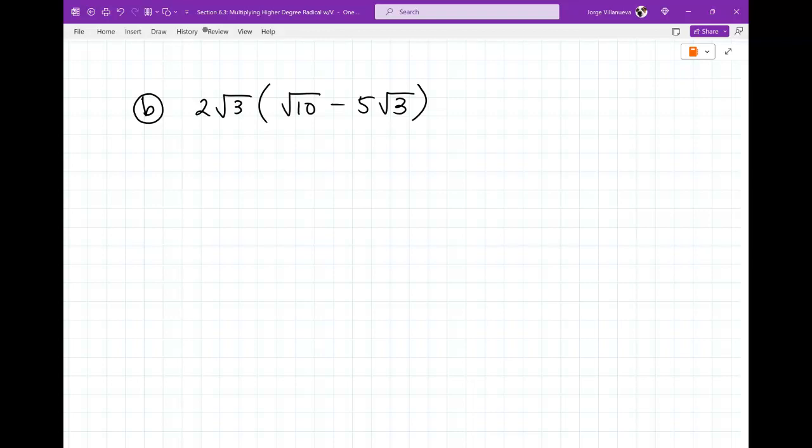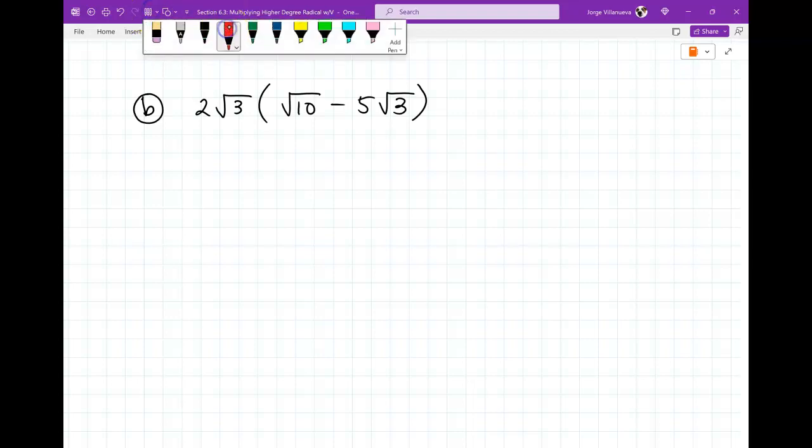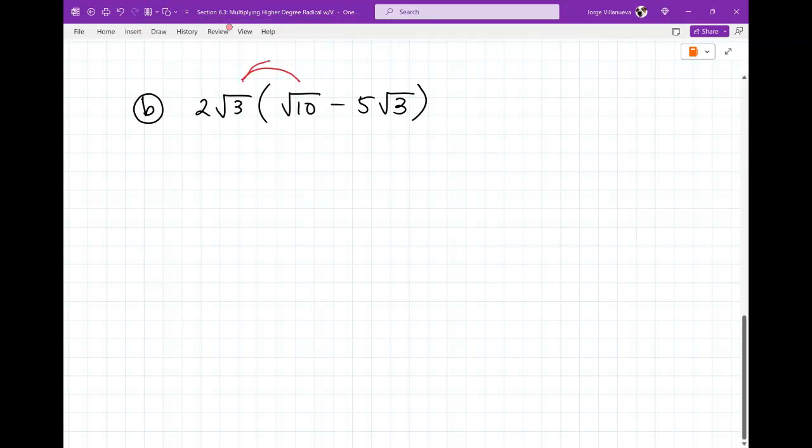All right? So I am going to distribute. Remember, we have to distribute. Let me change the color here. We are going to distribute here and here, here and there. Okay? Now remember, outside numbers with outside numbers, inside with inside. So let's do 2 radical 3 times radical 10, sorry.